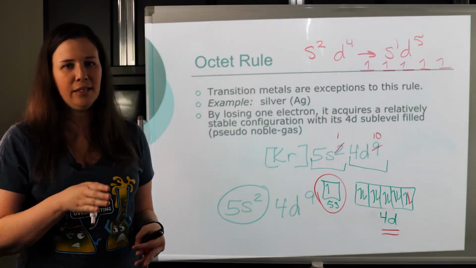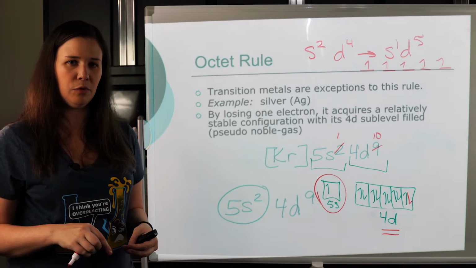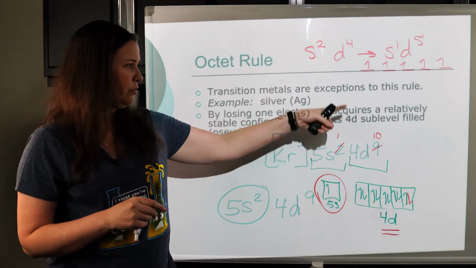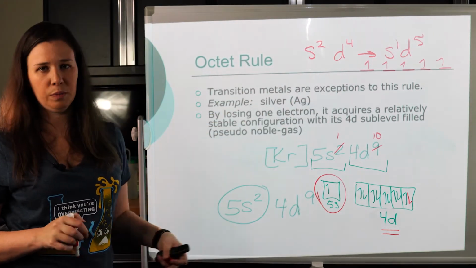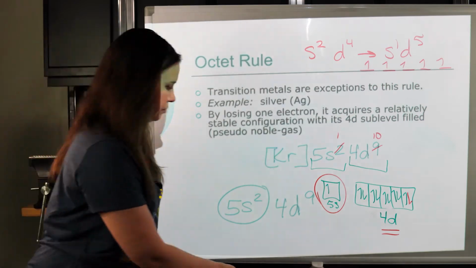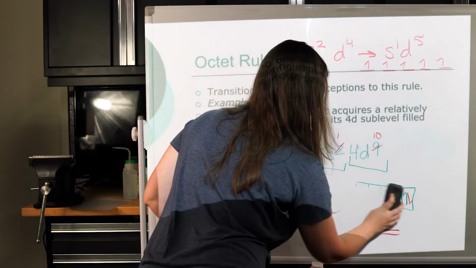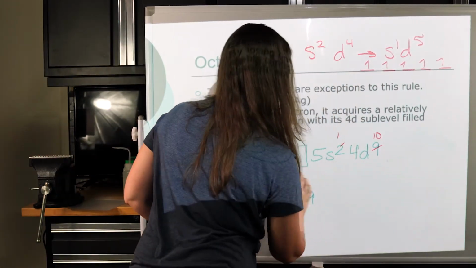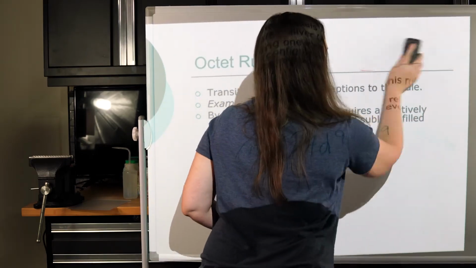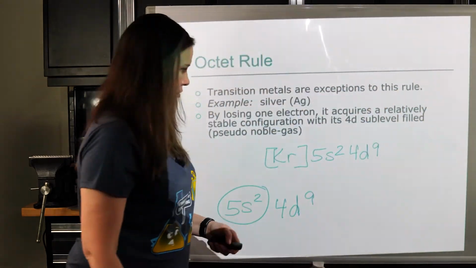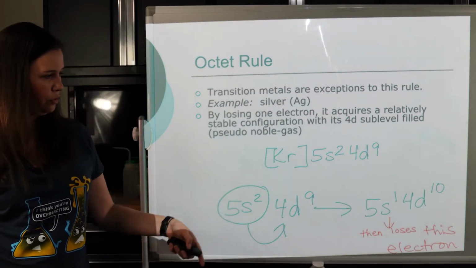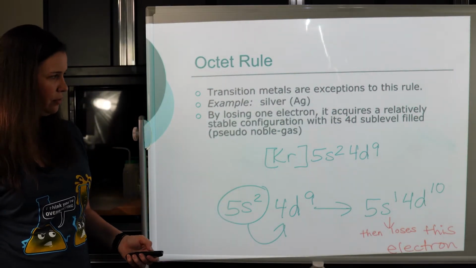So there are actually 8 transition metals on the periodic table that end in either d4 or d9, which will experience this exception. All right. So we're going to lose that valence electron in the 5s.